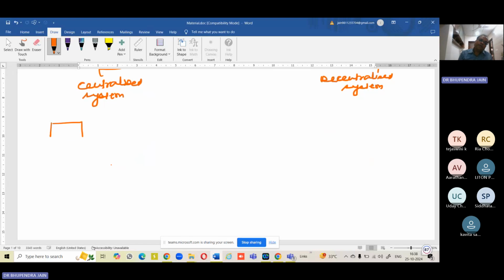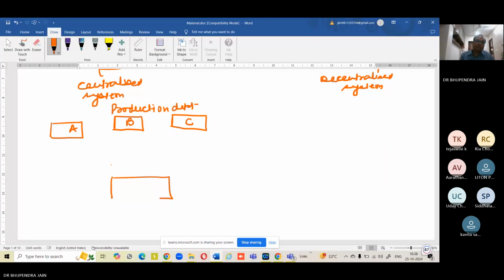Suppose a company has three production departments: production department A, production department B, and production department C. And the company has a common store.